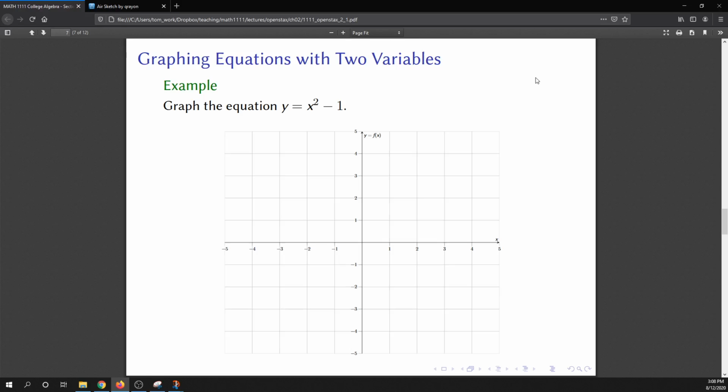Okay. So to graph an equation like this, what we want to do is just start with some numbers. So let me take a picture of this.